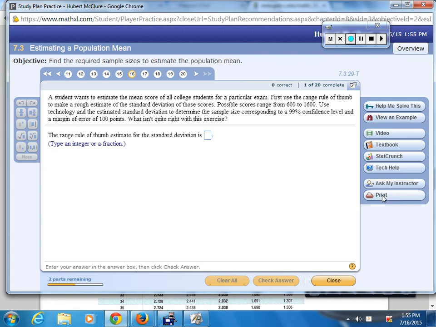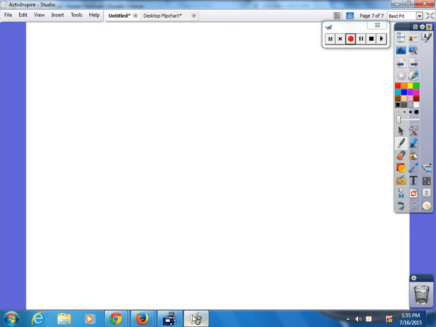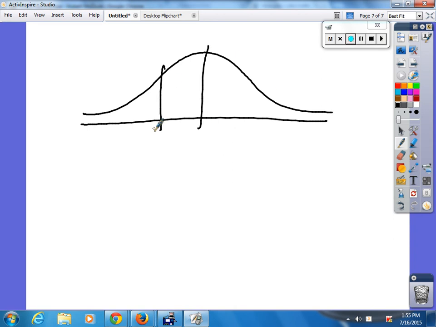Unfreeze it and bring it down, please. How many sections are right there? 4. That's why you divide it by 4. So, your standard deviation by the rule of thumb is equal to 1,000 divided by 4, which is equal to 250.